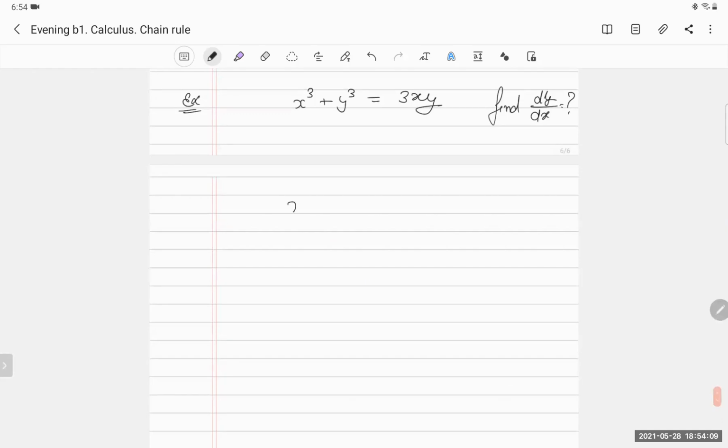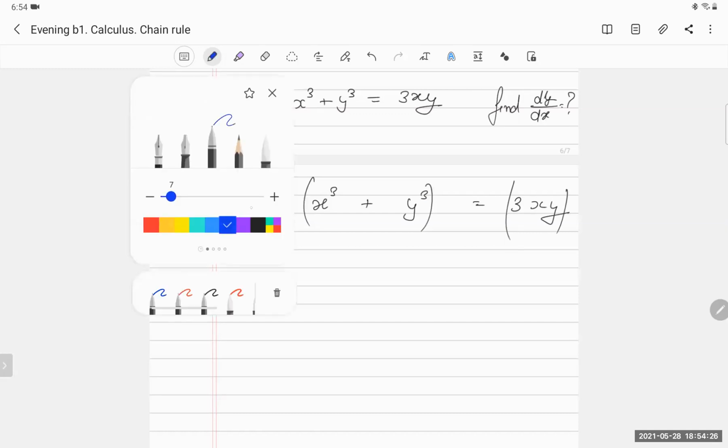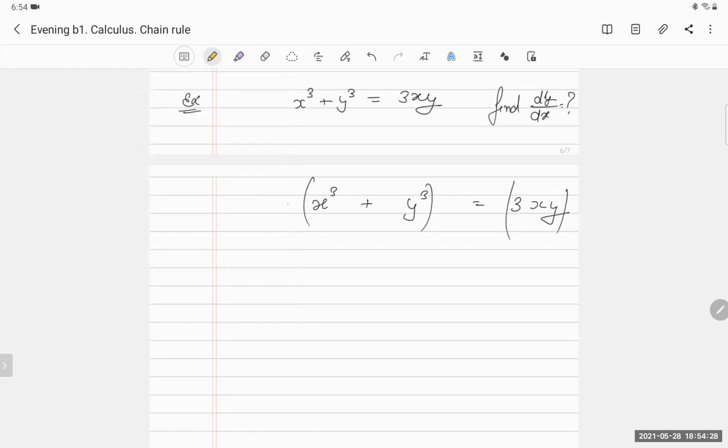So I have the equation x cube plus y cube equal to 3xy. What I'll do, I will differentiate the equation both sides with respect to x.